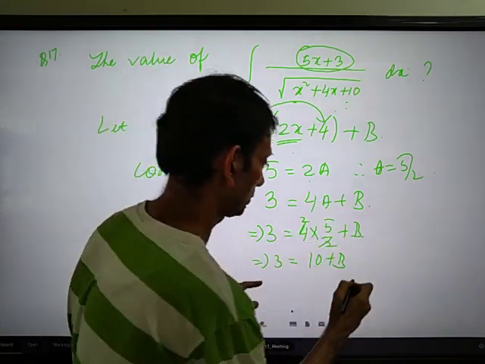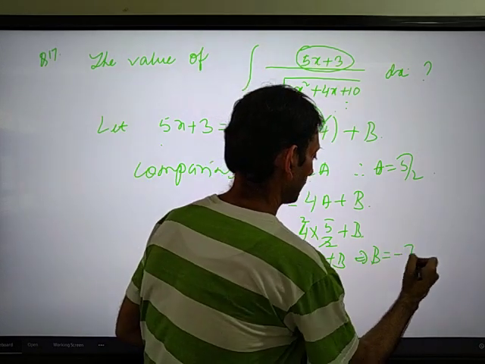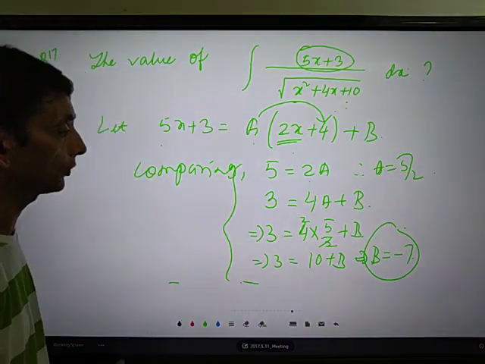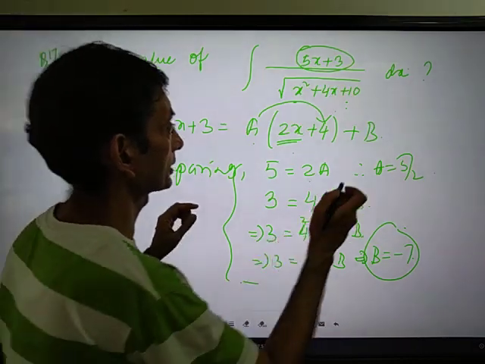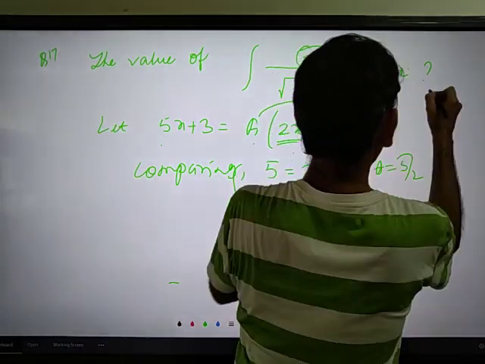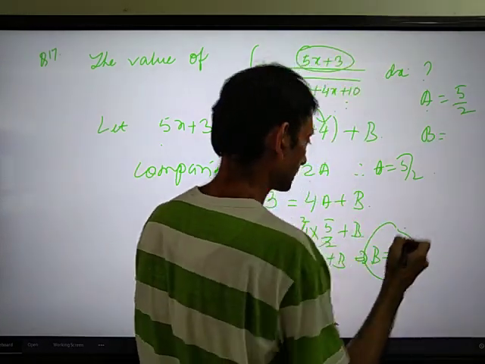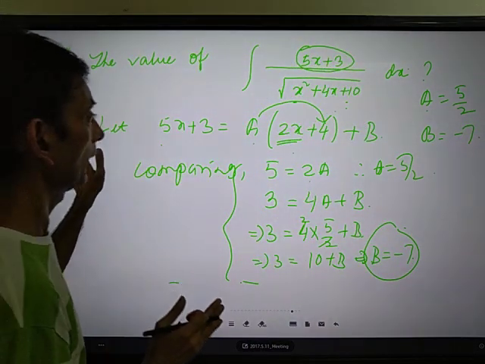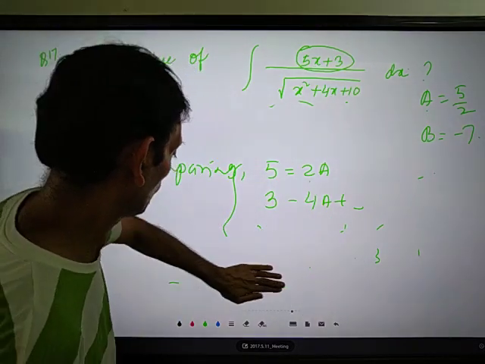So this implies b is equal to minus 7. With these simple steps, you got the value of a, which is 5 by 2, and the value of b, which is minus 7. Then we'll go for the other steps. This is step 1 for these questions.